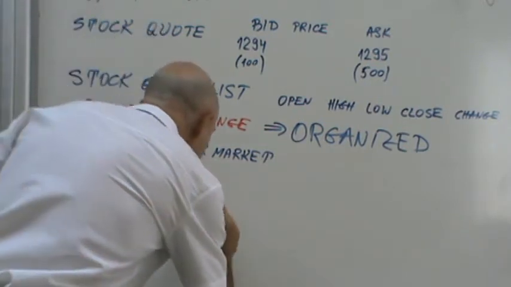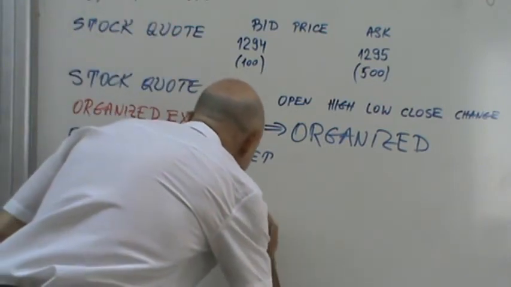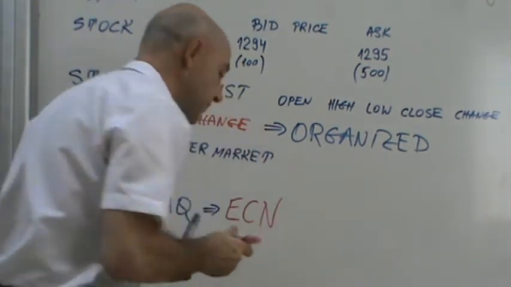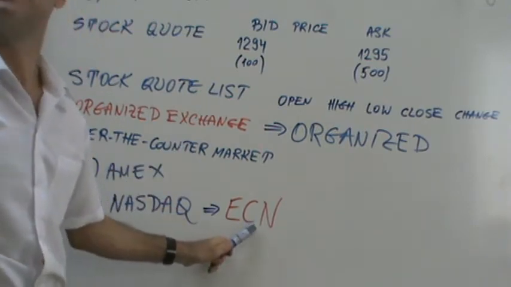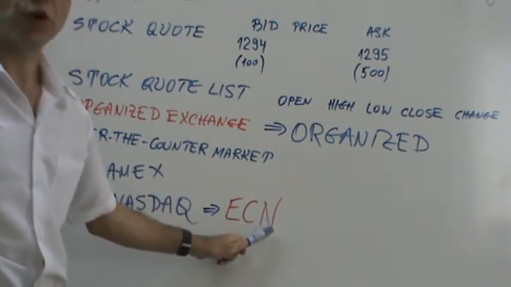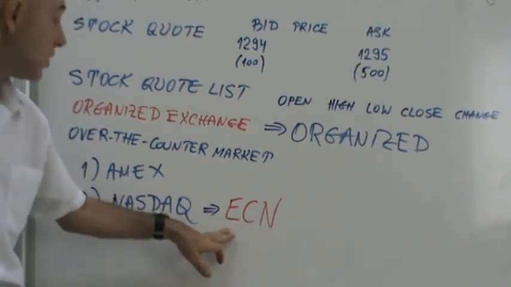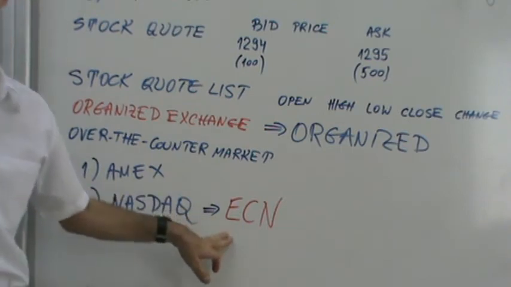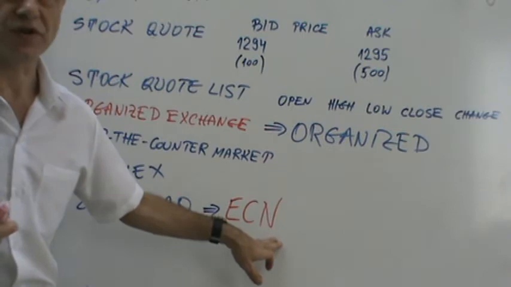And the NASDAQ has a characteristic, what is called, and that's a general concept, ECN, which stands for Electronic Computer Network. In other words, a lot of exchanges around the world, especially over the counter, will be ECNs, Electronic Computer Networks, okay?